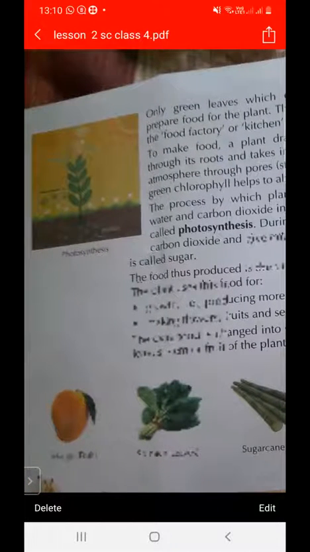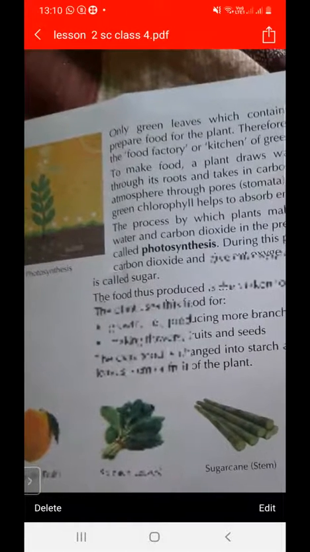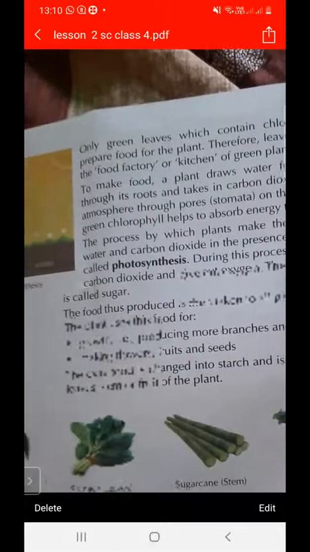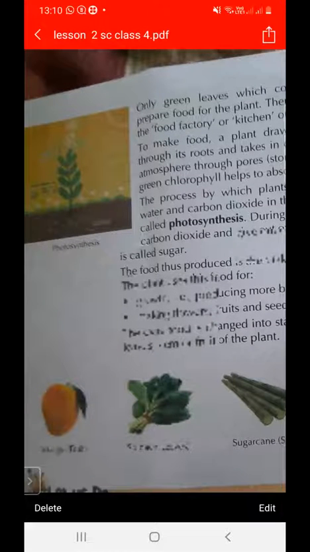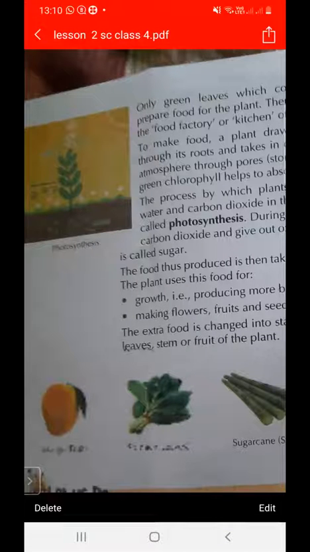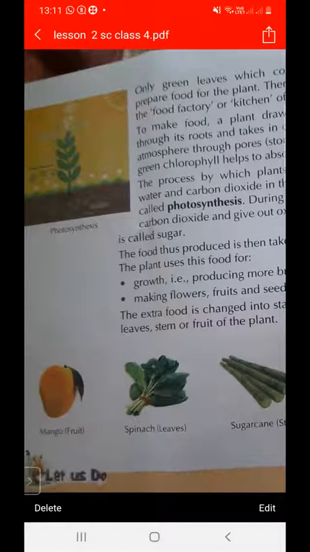To make food, a plant draws water and minerals from the soil, from the leaf it takes chlorophyll, and from the atmosphere it takes carbon dioxide, and these are all converted into food.